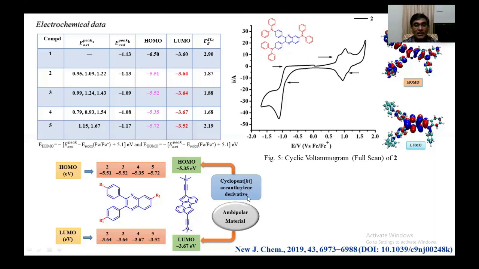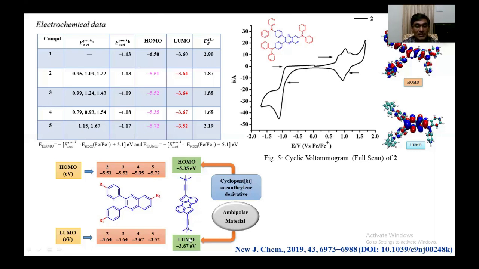Again, the HOMO values of these quinoxaline derivatives are similar to the HOMO of the standard, and the LUMO of the standard is 3.67, and the LUMO of these derivatives are close to the standard one.